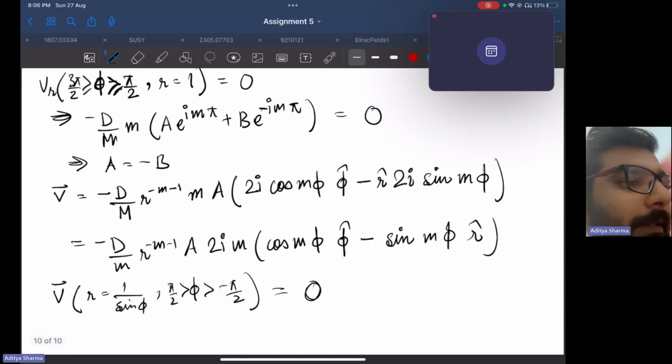That is, v of theta should be 0 and v of r should be 0.